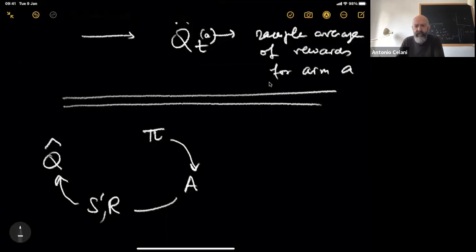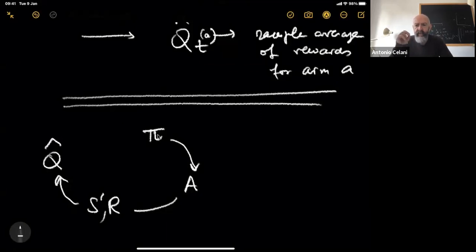You have a policy, produce an action, observe reward, update your Q, and then you start over again. You do one of these steps, you update your Q, and then you start over again, always picking action according to your policy pi.